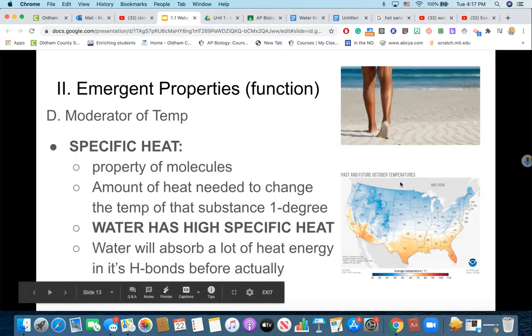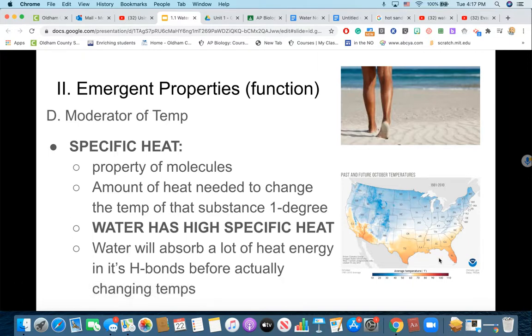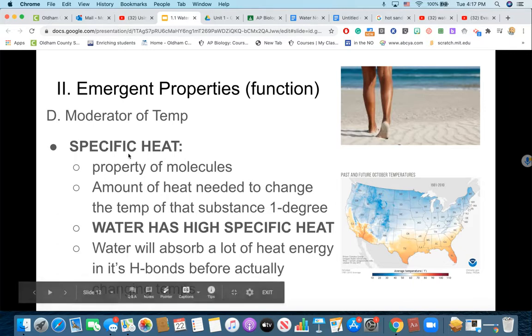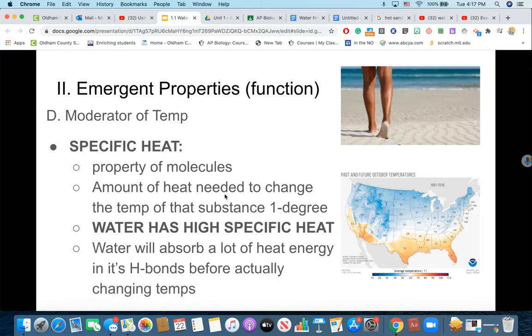Now you get too far north and you start dealing with other aspects of climate, but down here you can see it's pretty warm all year round, right? So not major drastic shifts in temperature between seasons annually, and that is because water has a high specific heat. So that's one way that water acts as a moderator of temperature. It keeps things around it pretty stable when it comes to temp.